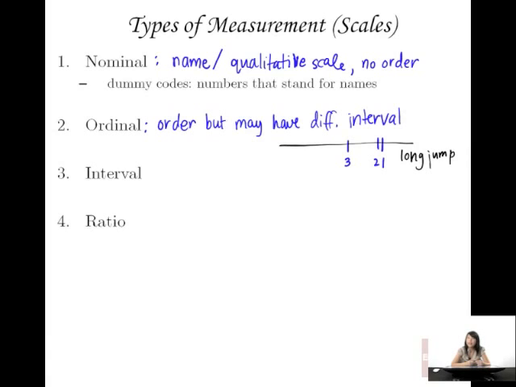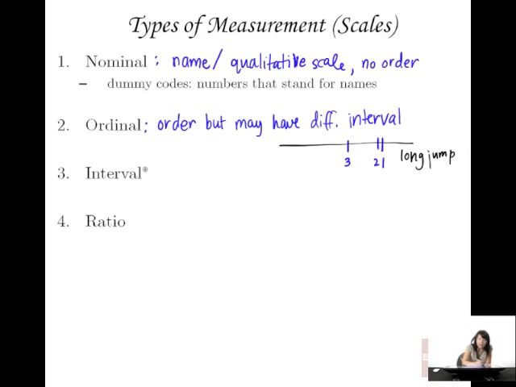Also, things like having a master's degree, PhD, or bachelor's degree, those have ordinal scales. They have a sort of order in terms of, I guess, how much schooling you had to do. But they don't necessarily have the same distance between them.